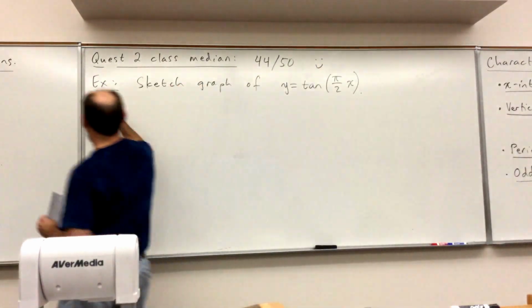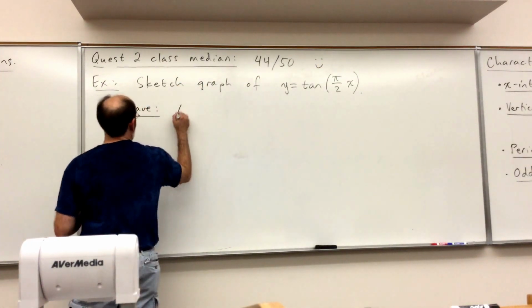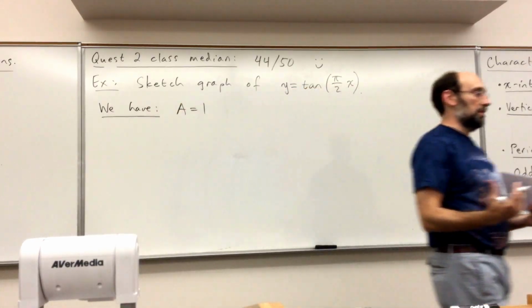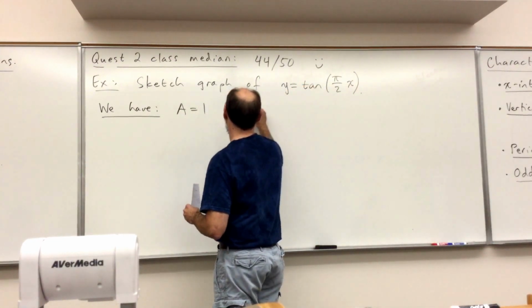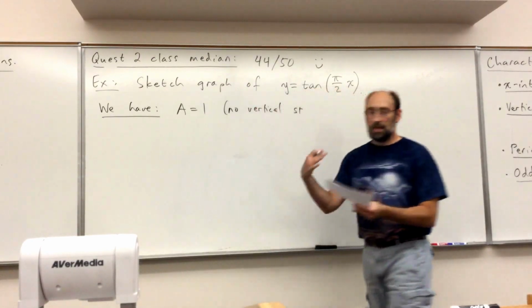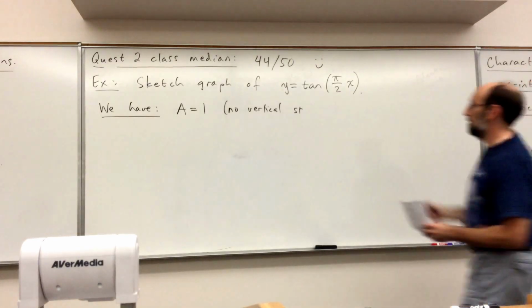So we have a equals 1, so there's no stretching or reflection, right? And when I say no stretching or reflection, I mean of the graph of tangent of x, y equals tangent of x. So that's our core graph.